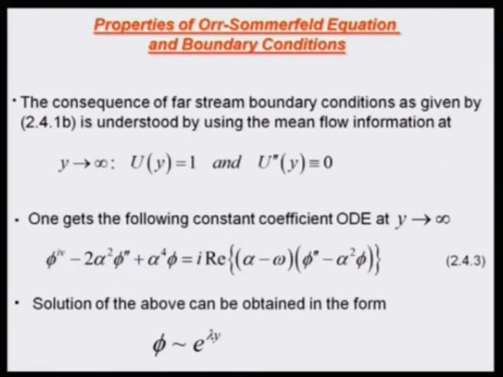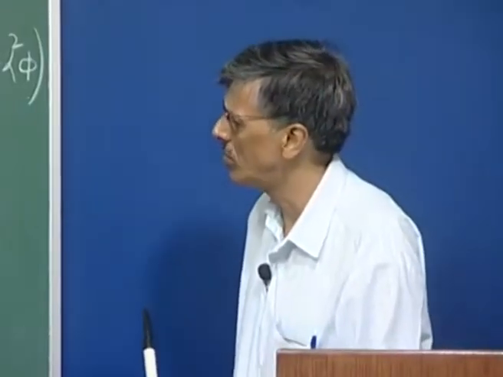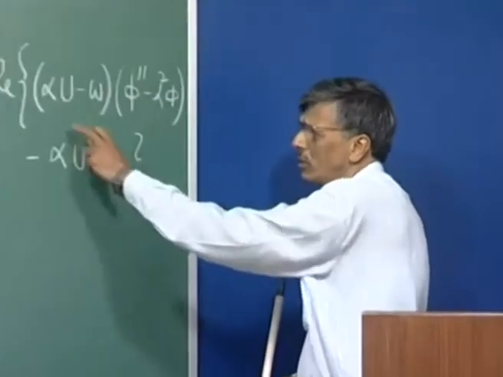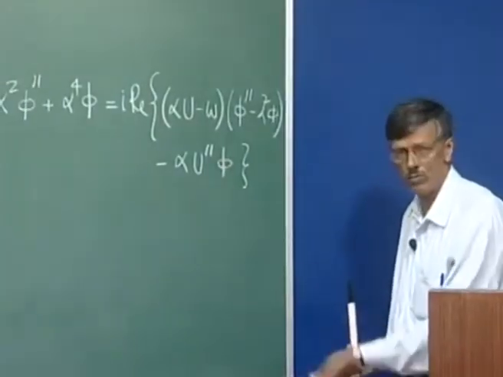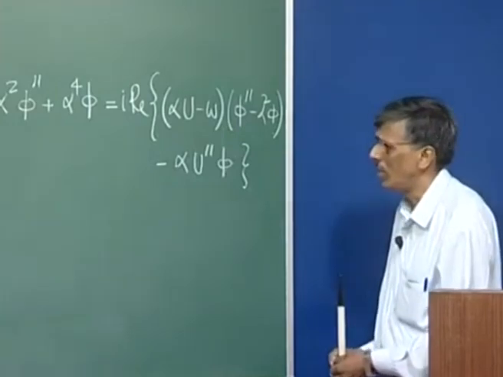Now, we also see that in this equation the source of difficulty is that u and u double prime are going to be functions of height from the wall.